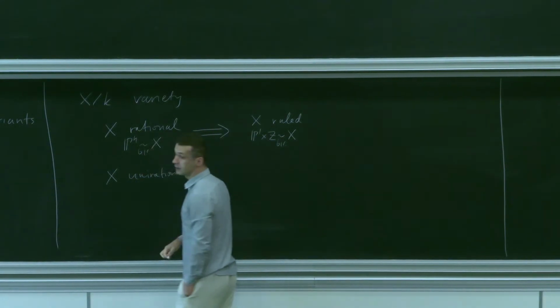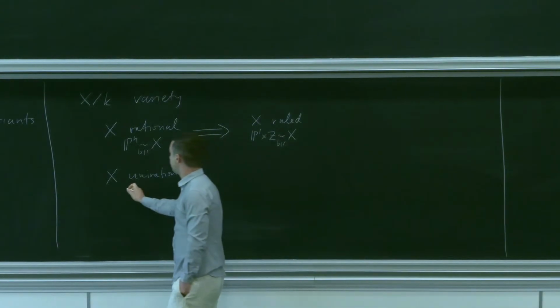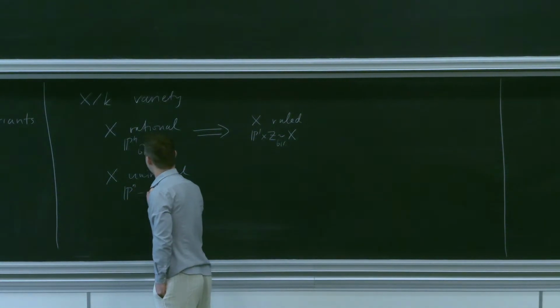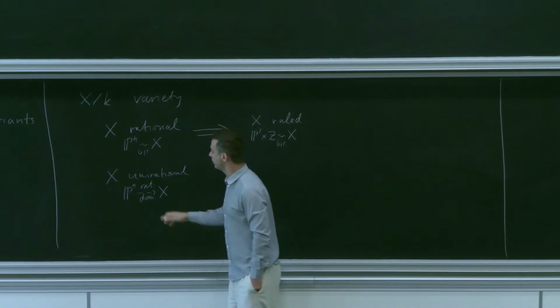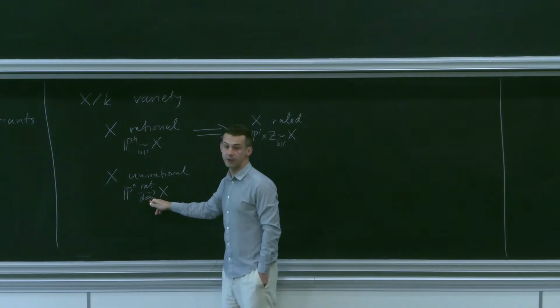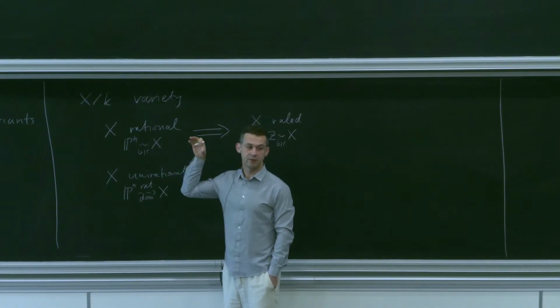Okay, then we can weaken this and say X is unirational. Unirational is a classical notion. It means that there's now just a rational dominant map from P^n. Usually my dashed arrows are birational, so this is a rational dominant map, a generically finite covering.